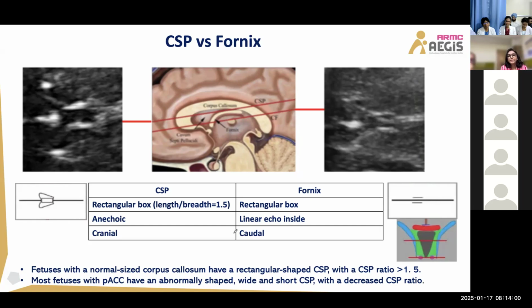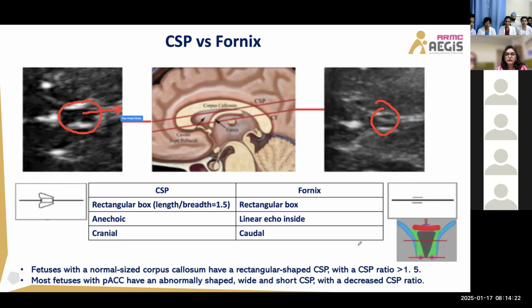Go back. One thing you should do when you see a CSP and you're thinking maybe CSP or fornix, because sometimes reverberation artifact can confuse you in a thick woman, is that once you see this, rotate your probe and make it long.